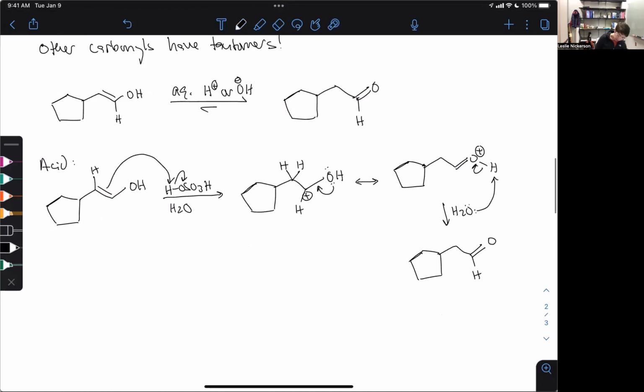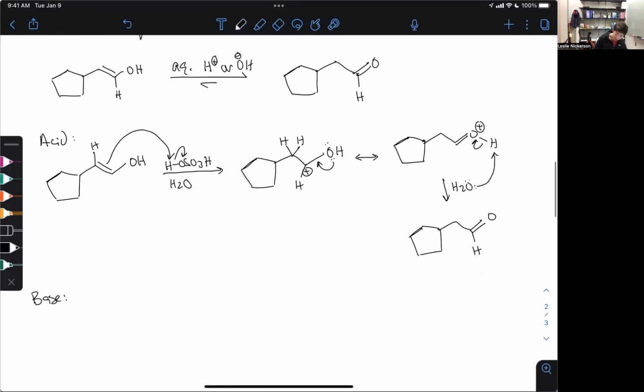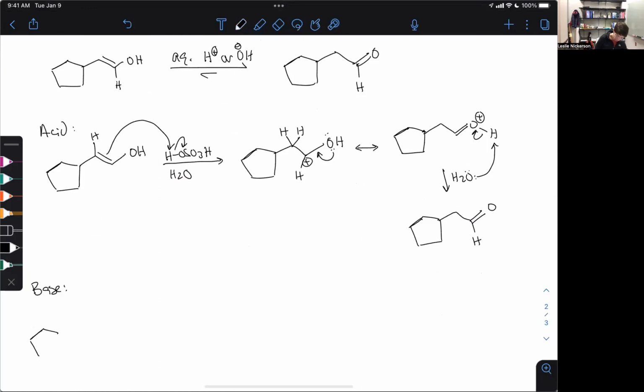Okay, if I do that in base, we're going to see something very, very similar happen, except just like in the example above, we're going to see it happen opposite. So first step, we're going to see the sodium hydroxide deprotonate our OH. We're in base, so we're going to deprotonate first. Okay, I get to this O minus.